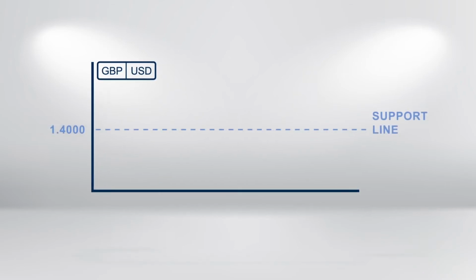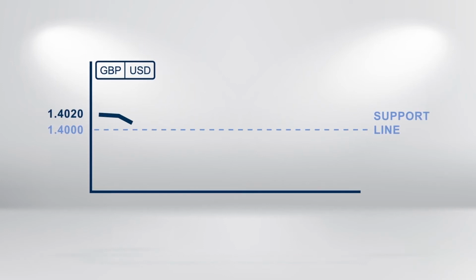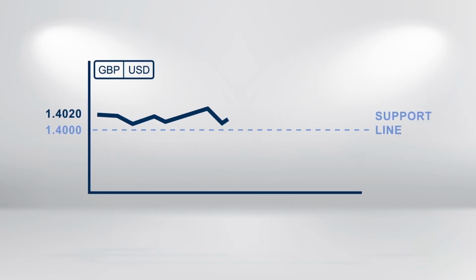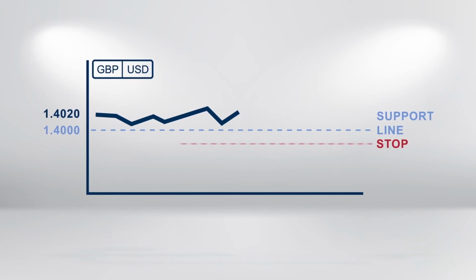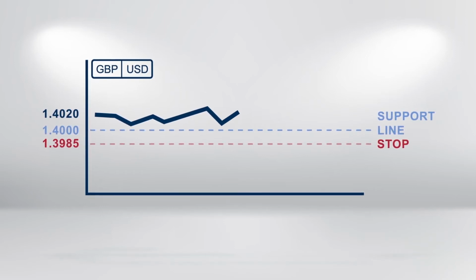On the chart, we identify a support line for sterling dollar at 1.4000. We buy a spot position at 1.4020 in anticipation that the 1.4000 level will hold, but we place a stop at 1.3985 in case it doesn't.